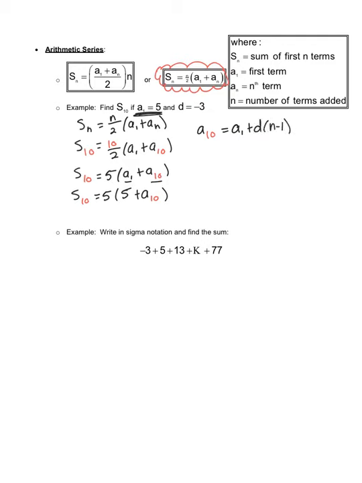Okay. The pieces of information that I have. So they gave me A1, they said it was 5. They gave me D, they said it was -3. And N, since I'm looking for A10, it means that my value of N is 10. Okay? And then we're just going to simplify this.